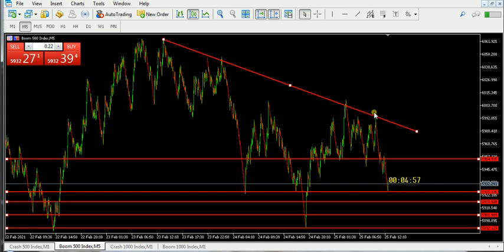Once price breaks out, you see that it will buy more. If it goes down, it means you can enter your sell. It's very simple.